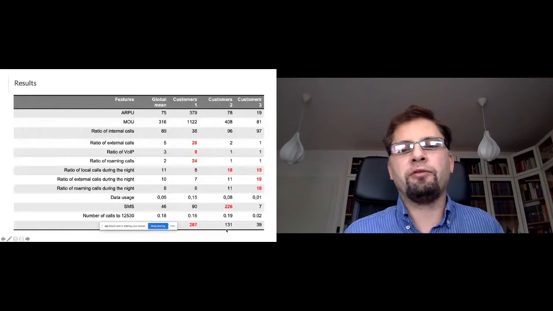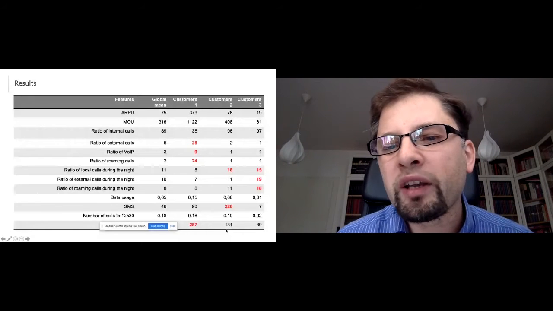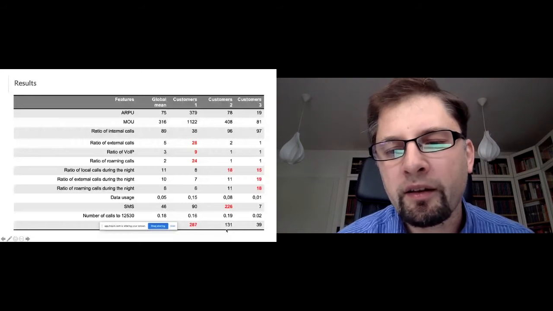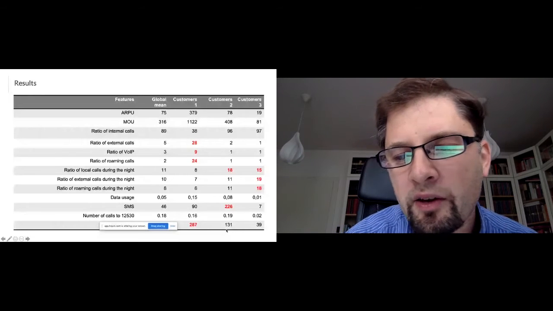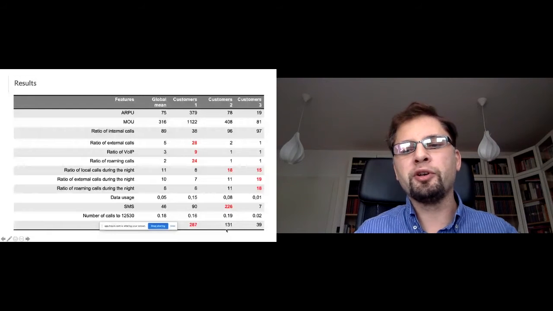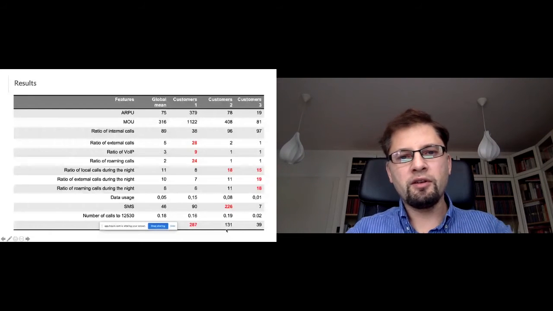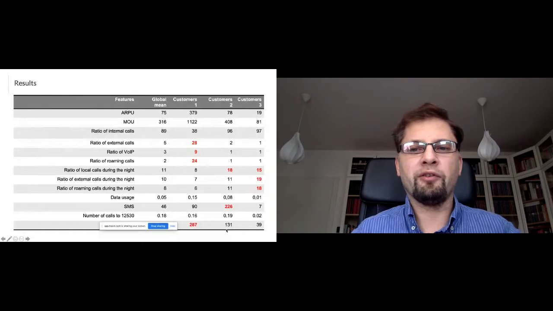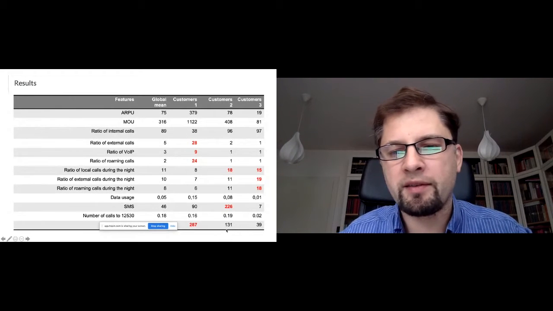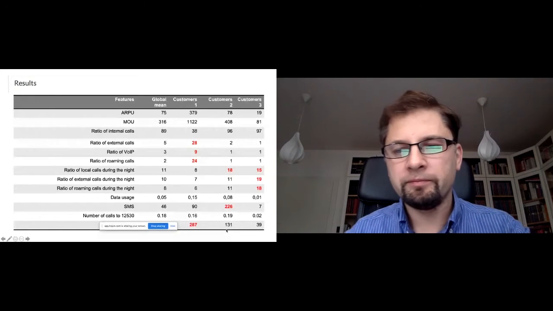for a mobile phone operator, because essentially you can find some patterns in the data which are clearly distinguishable. For example, customer group number 2, they are not using the phone so much in terms of calling, but they are sending a lot of SMSs, as you can see, compared to the global mean.